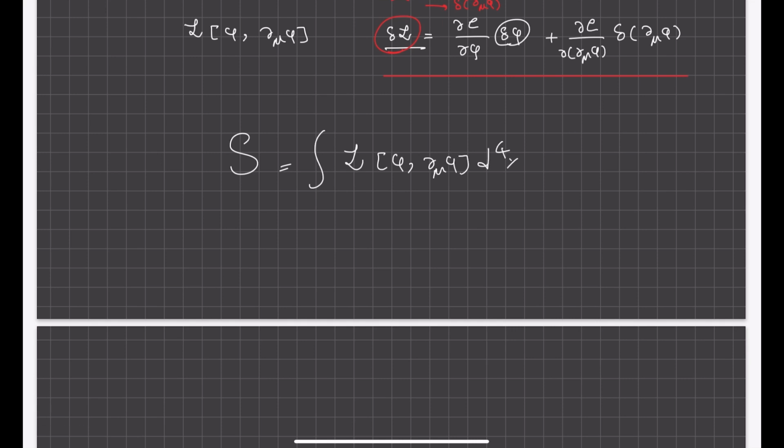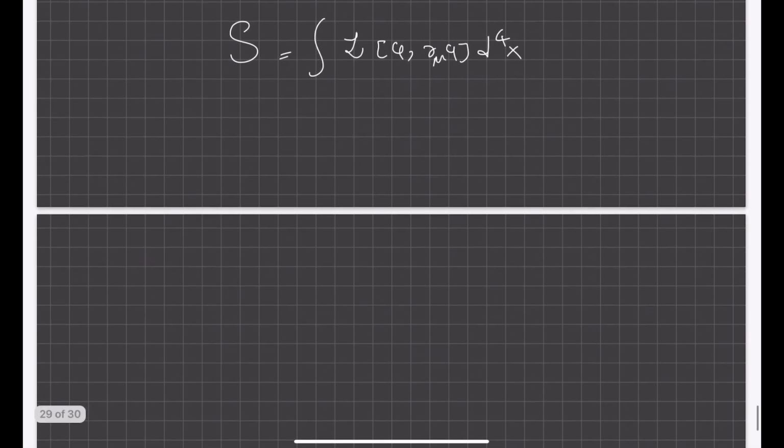Over the 4-dimensional spacetime. Imagine I put the dimension 4 for spacetime. So I say the delta of action is equal to 0 because we said it's about action. And then delta S is going to be the integral of delta L d4x equal to 0.